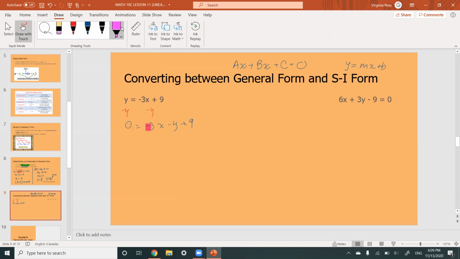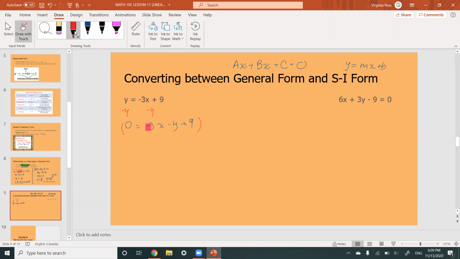A is -3, which means that it is less than 0. So how can we address this? Well, we can move everything to this side, thereby making A positive, or we can multiply everything by -1, which seems more reasonable. So let's do that.